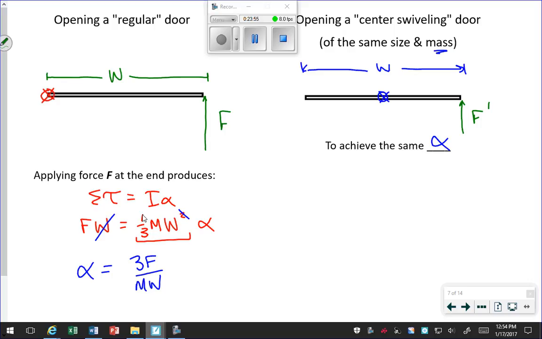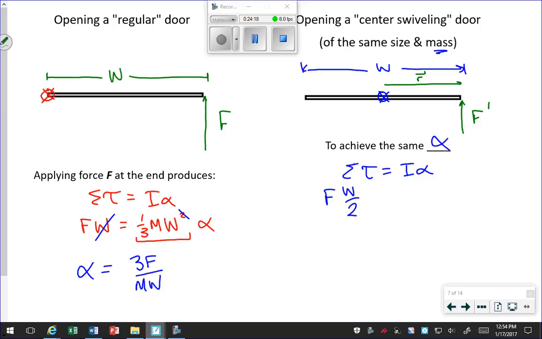Well, I'll give you another net torque equals I alpha. Now our net torque is F prime times, well, W over 2. Right? Because here's our vector R from the axis of rotation to the point of application of force F prime. That's W over 2.